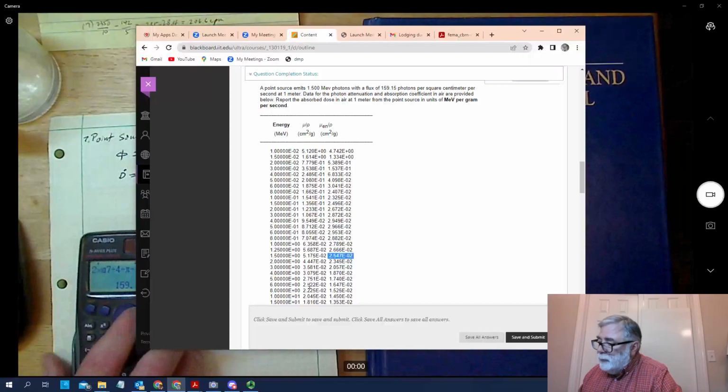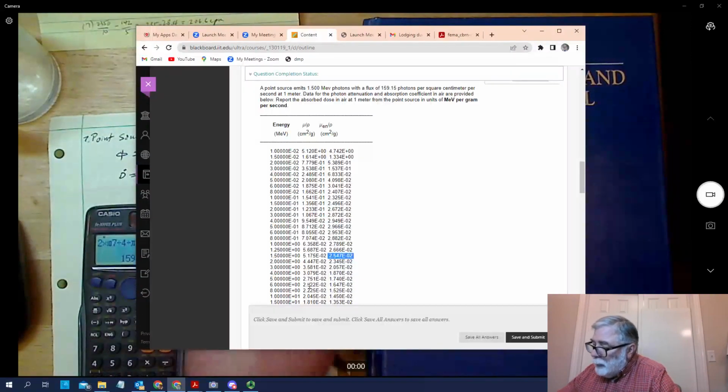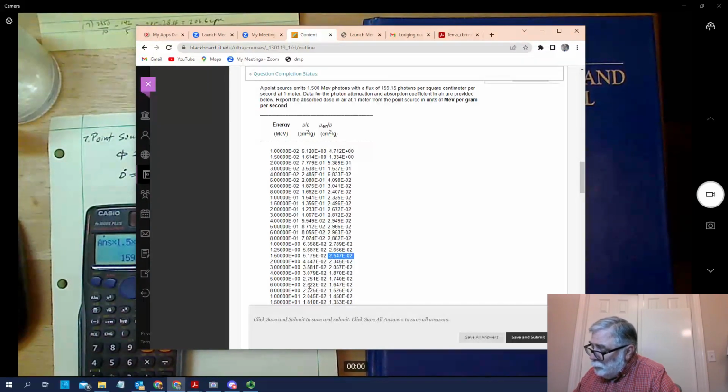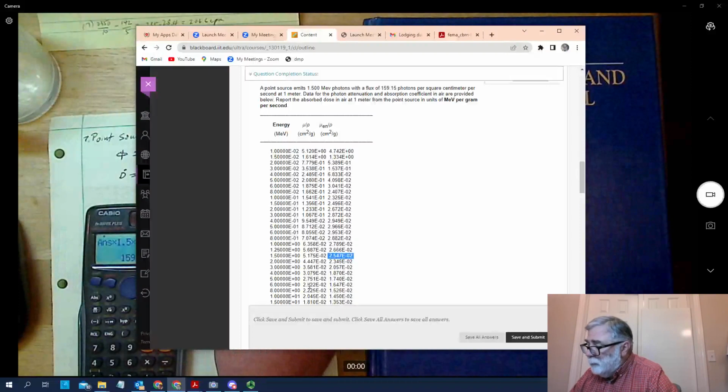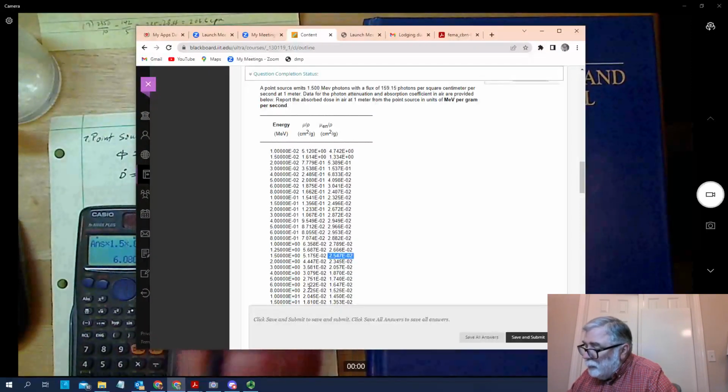Okay, let's get out our calculator. So I still have that 159.15 in there. So I multiply by 1.5 MeV times 0.02547 and I hit equal, and it's 6.08 MeV per square centimeter per second.